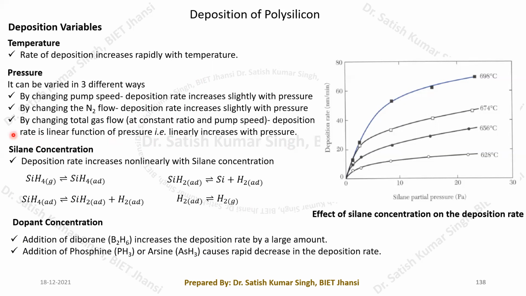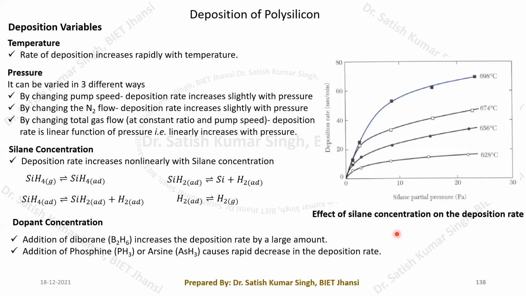And normally, if we talk about the silane concentration, if we increase the silane concentration, the deposition rate is non-linear. It is not varying linearly. Basically, when we have the reaction here, you can see this graph, the effect of silane concentration on the deposition rate.